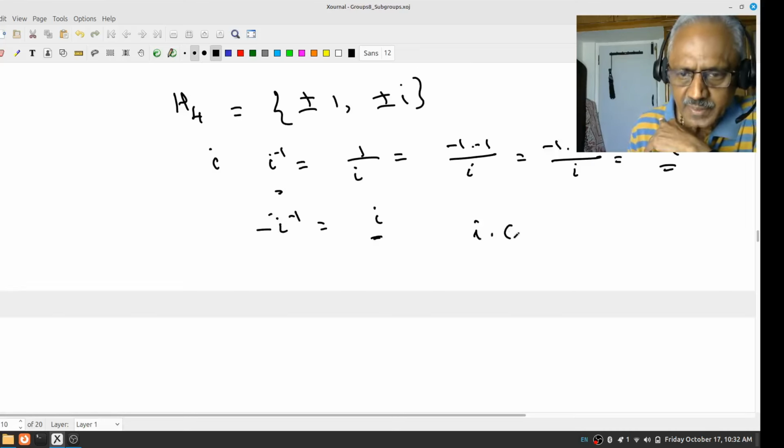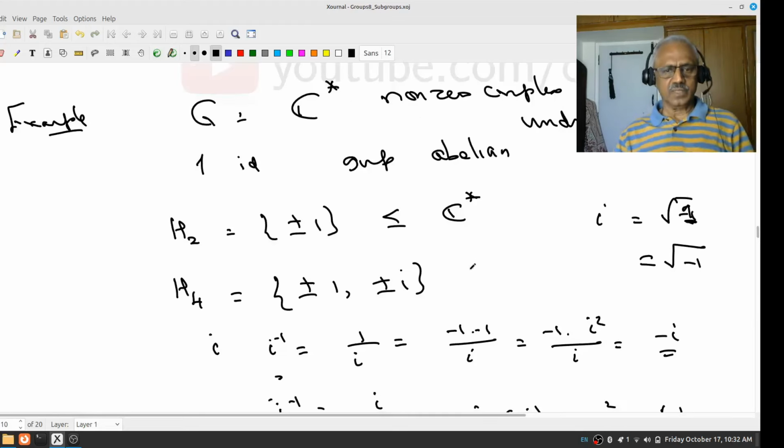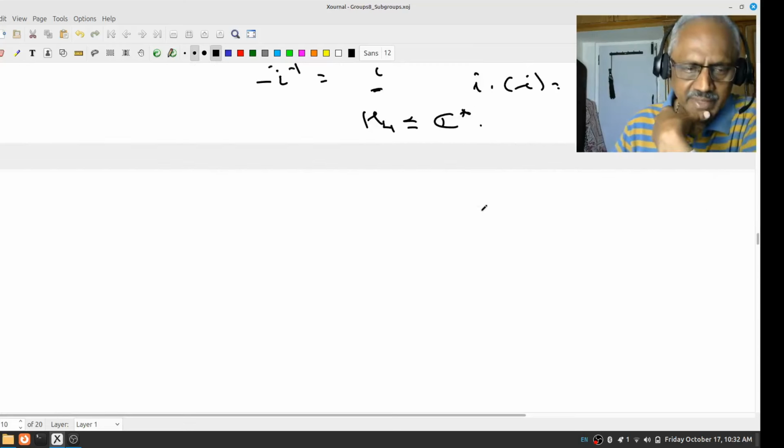Because I times minus I is minus I squared, which is minus of minus 1, which is plus 1. So H4 is also a subgroup of C star. Notice that both are finite subgroups, right?